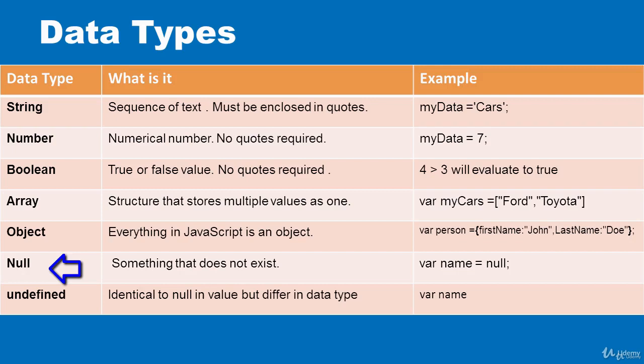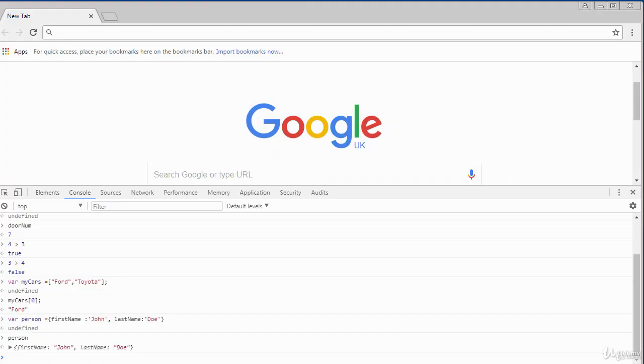So you can represent an object this way as well, by using curly braces. If I wanted to access this object, all I need to do is call the variable by its name, and you can see it's returned the first name as John, last name as Doe.